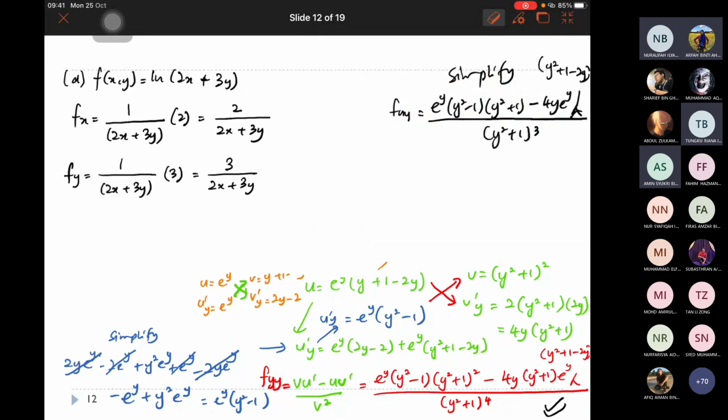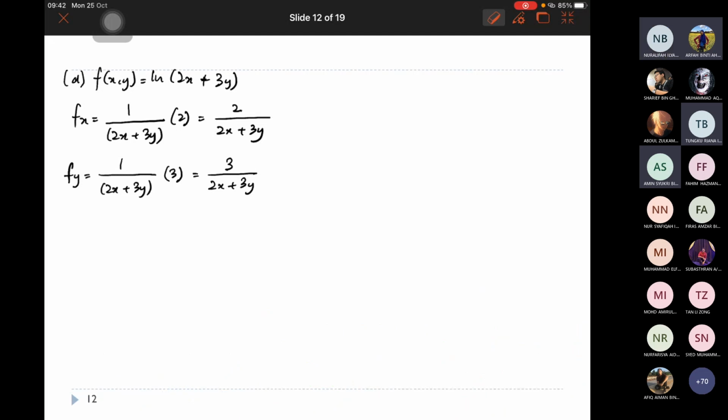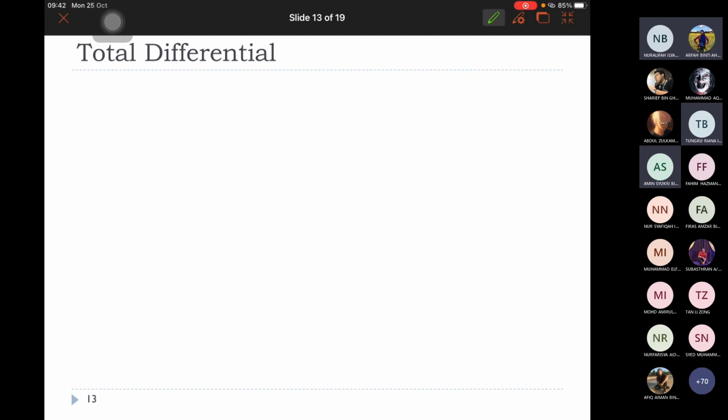So daripada sini cuba bezakan terhadap fxx dan juga fxy. From there, cuba dapatkan dia punya partial derivative. So from here, cuba dapatkan fxx. So kalau tak tahu tak apa, awak buat je satu persatu. U sama dengan 2, U prime X equal to 0, V equal to 2X plus 3Y, V prime X akan sama dengan 2. So, darab silang.